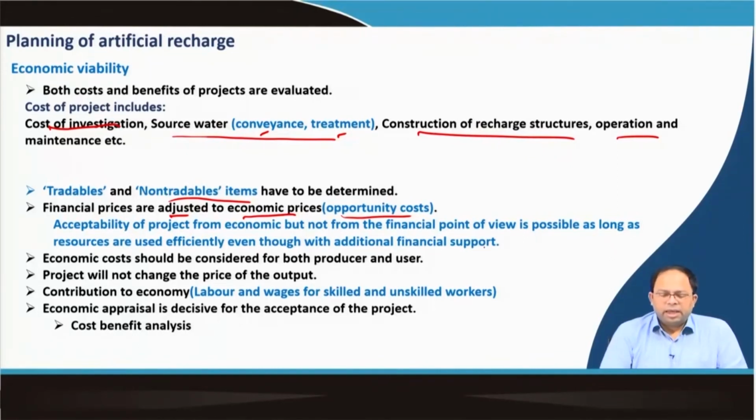So that means even with more investment than the actual financial benefit we are getting, we can still do a project, considering the economic prices are within limits and we can see that the investment we make will return adequate benefits.